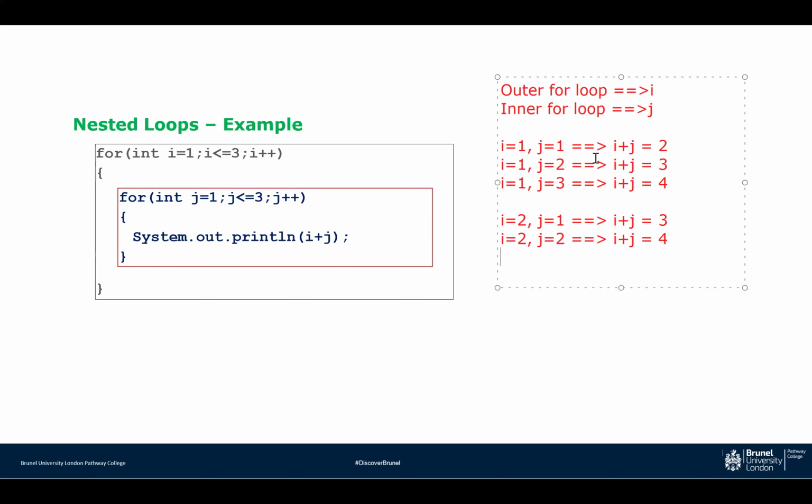But we are not there. We are still stuck inside the inner loop. So I becomes, sorry, will say 2. But j becomes what? J becomes what? Why j becomes 3?